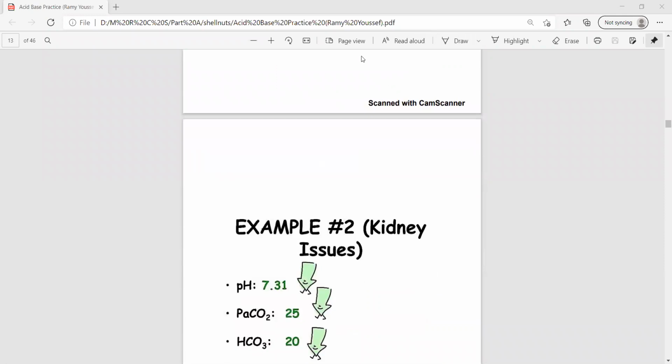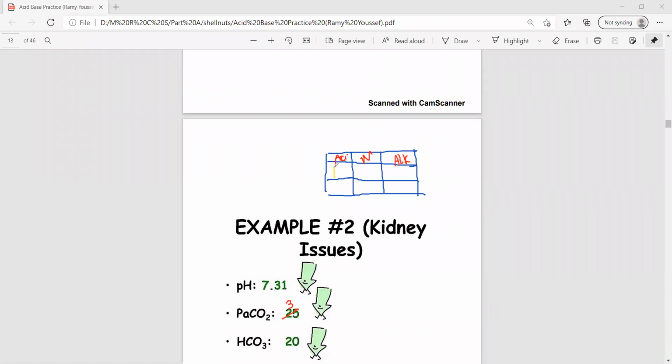Another example. Who can go? Okay, so the pH. This is acidosis, this is normal, this is alkalosis. pH is acidosis.